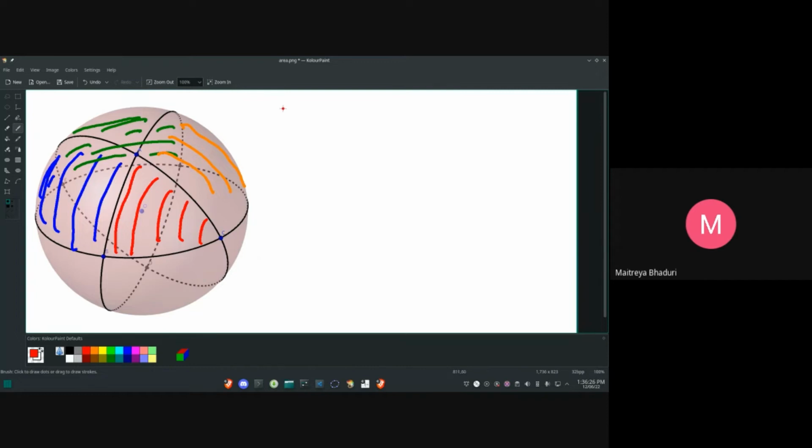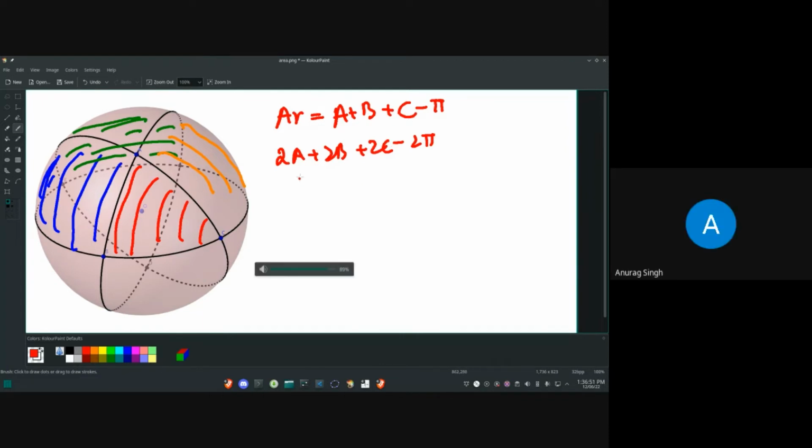Area equals A plus B plus C minus pi. Multiply by 2 so that you can get a 2 pi term. This is what we want to prove, right? Yeah, so I'm working backwards.